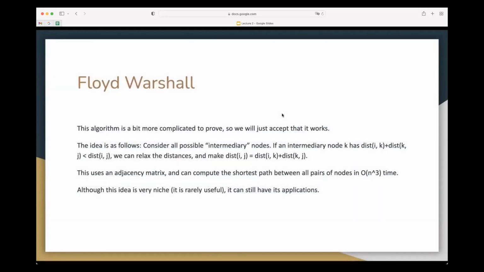Floyd Warshall is very, very different. So it's a bit more complicated to prove. I won't go into the details as to why it works every time, but the general idea is as follows. So consider all possible intermediary nodes.